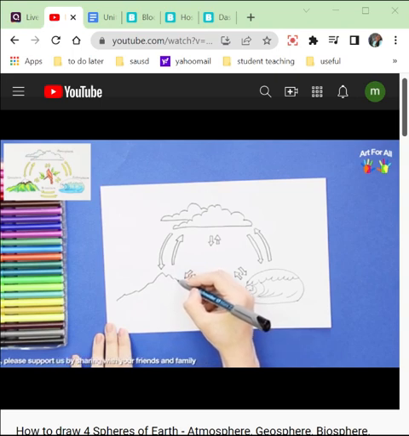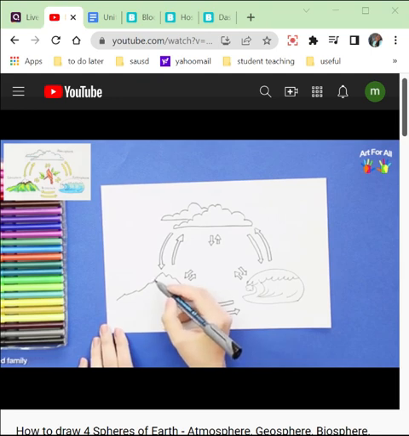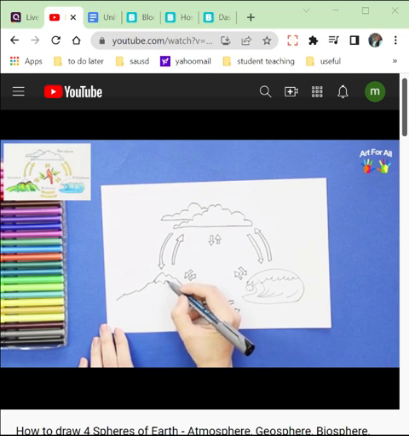Then now we're going to draw the geosphere. So that's like the land part of the earth, the rocks, mountains, volcanoes, soil.